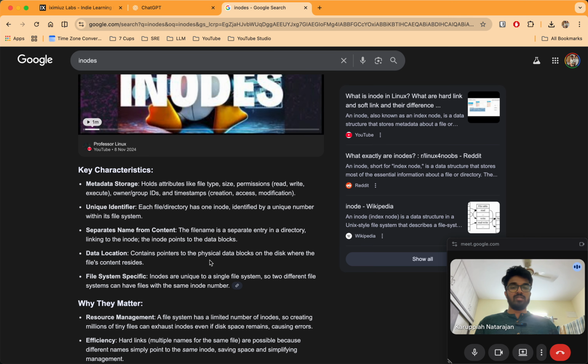In the case of physical storage, there are other file systems like network file systems and distributed file systems. We'll not get into that. I'm yet to dig into that. So we'll just assume it's a hard disk, not even a solid state drive. Where is the data present in that hard disk? I need to learn more about how you address each part of the hard disk and how the file system works.